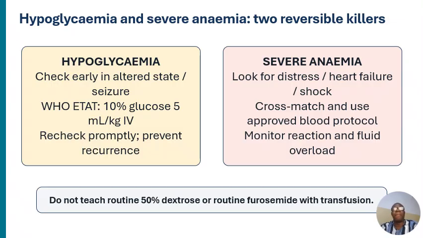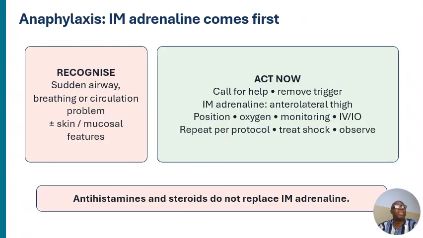So now from hypoglycemia and anemia, we move to an emergency in which one drug must come first, which is anaphylaxis. Recognize anaphylaxis as a sudden airway, breathing, or circulation problem, usually accompanied by skin or mucosal features after exposure to a trigger.